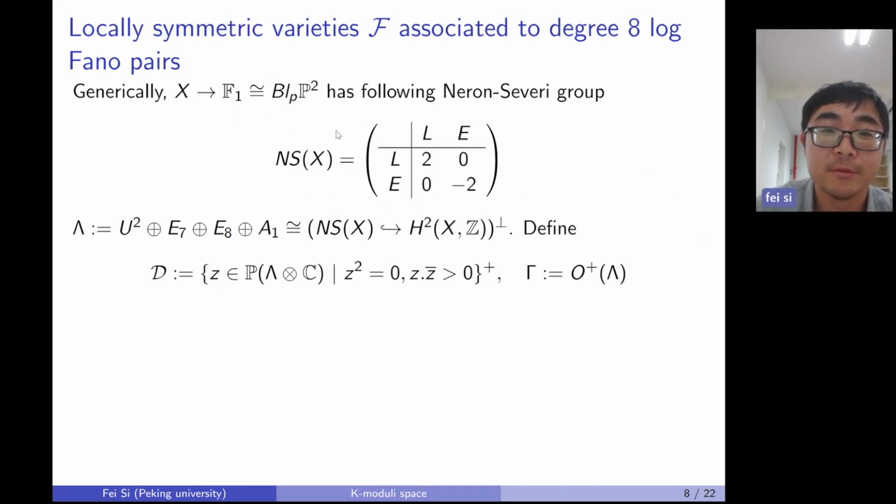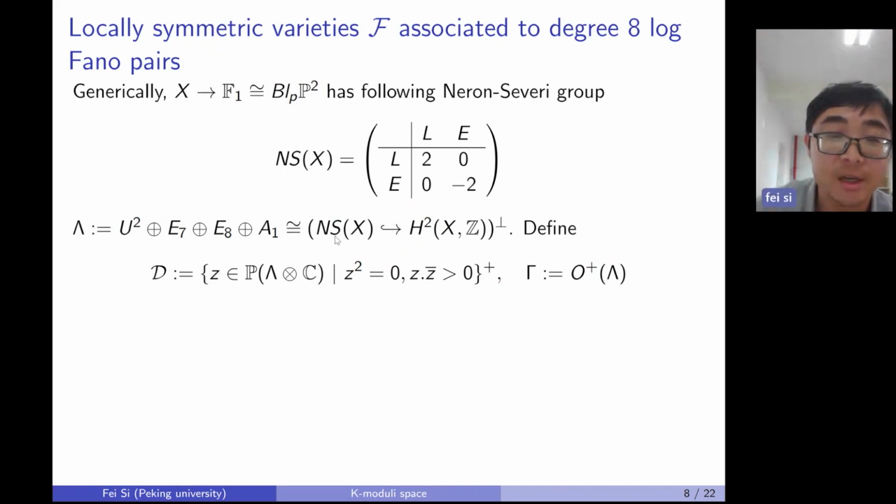Generically, its Picard lattice looks like this. Here, L can be viewed as the pullback of O(1) on P2. The E's come from the exceptional divisors of the blow-up of P2.